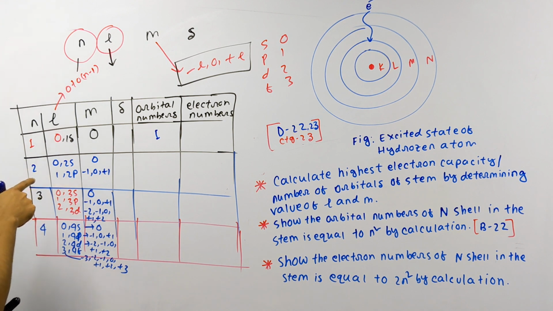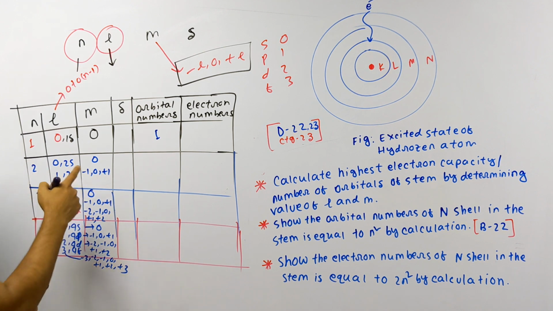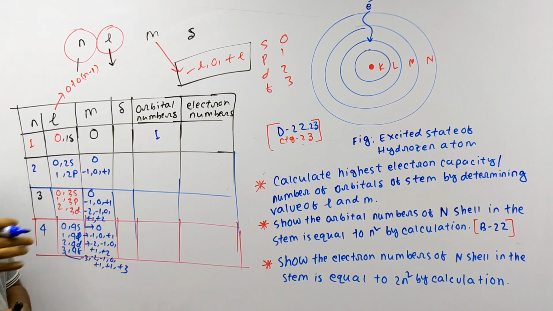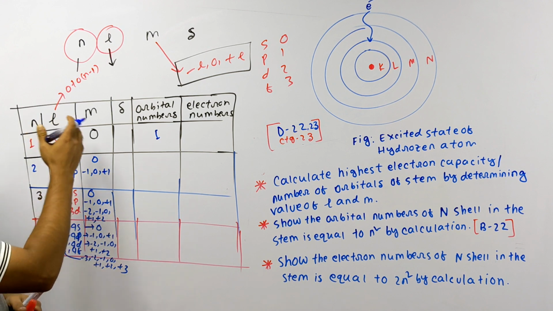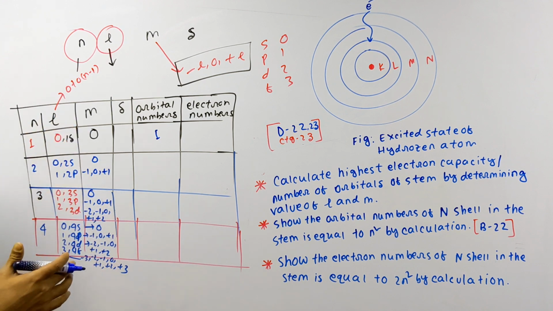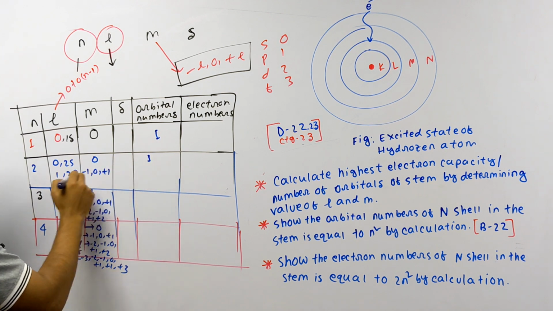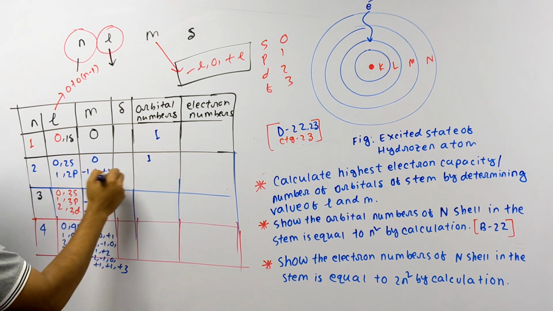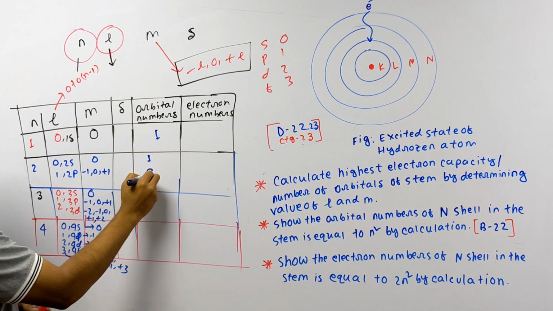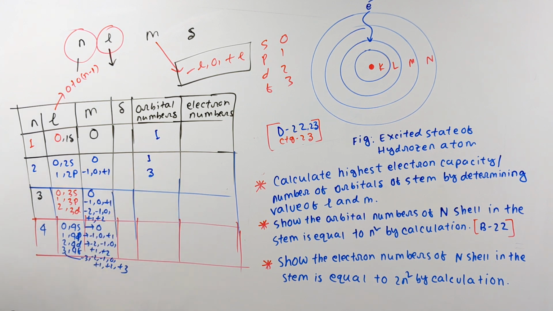Now for n equal to 2, in the second shell there are 2 types of orbital, s and p, but how many? And m actually denotes the number of orbitals. There is 1 s orbital and 3 p orbitals, meaning px, py and pz.